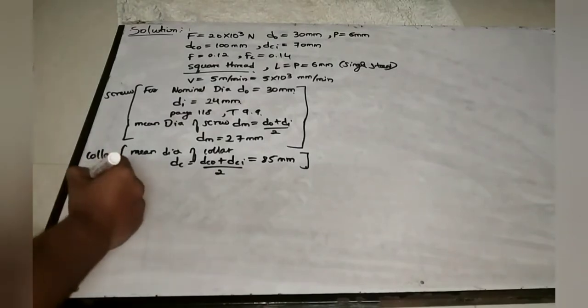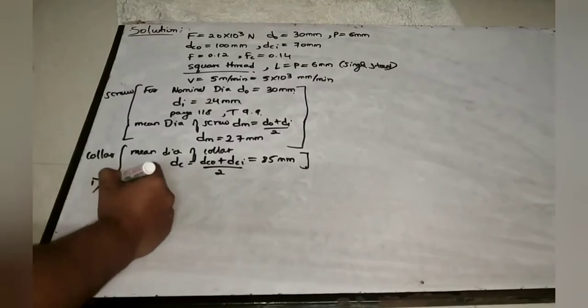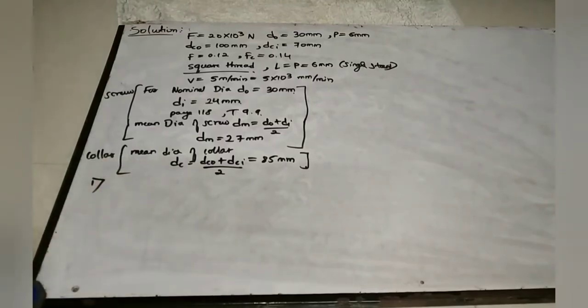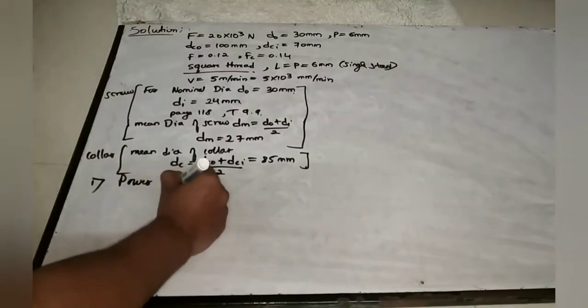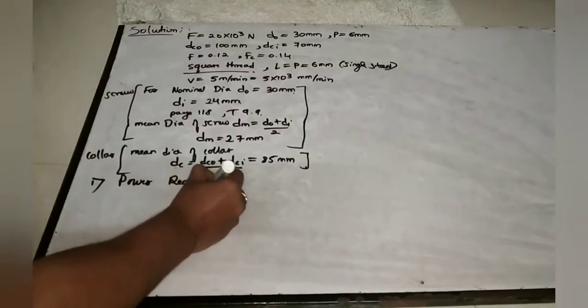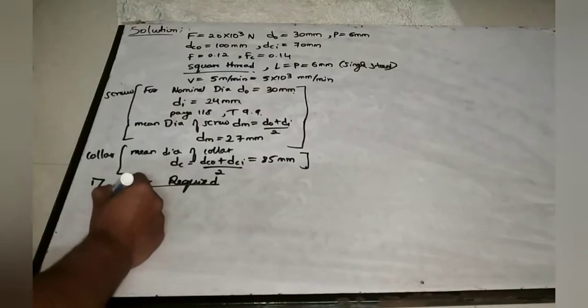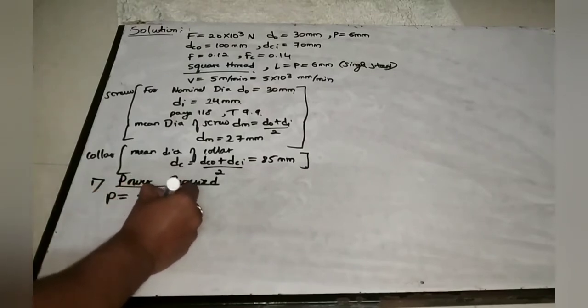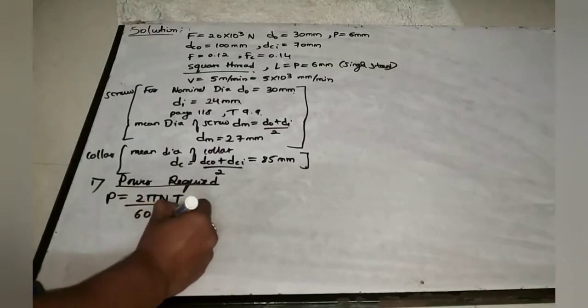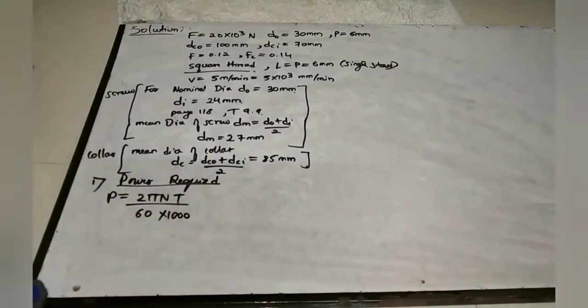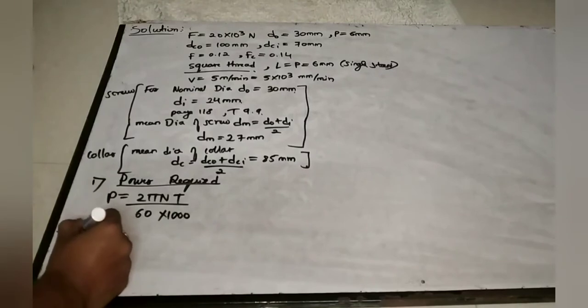Now what is the first thing they are asking? Previously what we calculated, the power required. So power required P is equal to 2 pi NT by 60 into 1000. What is the torque here?